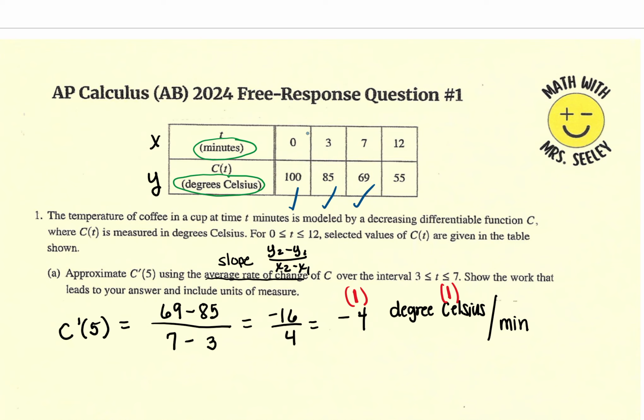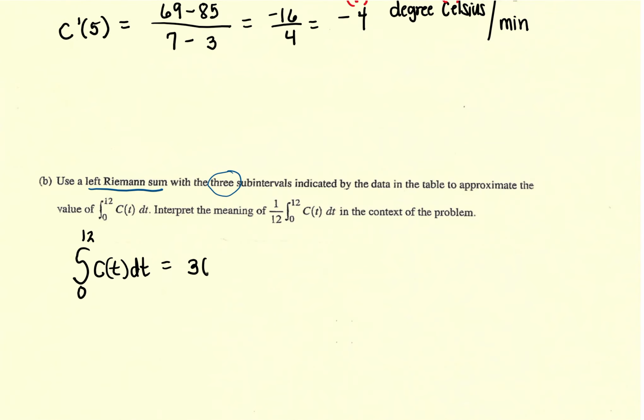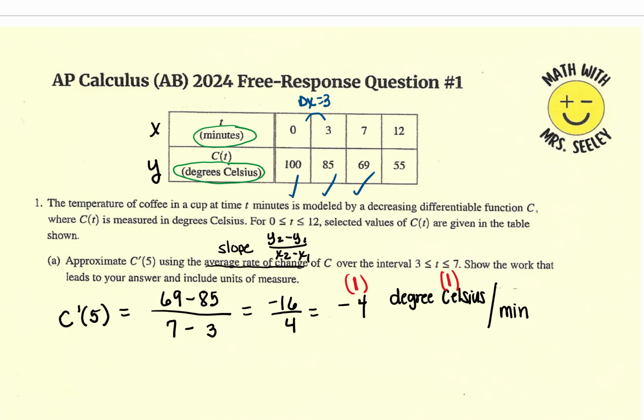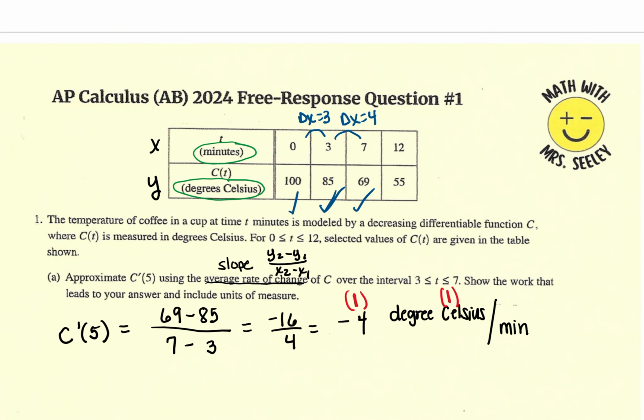All right, in this first interval from 0 to 3, my delta x is 3. So that'll be 3 times 100, which is the left endpoint, plus, let's go back up here and find the delta x for the next one. So from 3 to 7, that's a distance of 4 units to go with that next left endpoint. So that's going to be 4 times 85 plus, go do the last one and find that delta x.